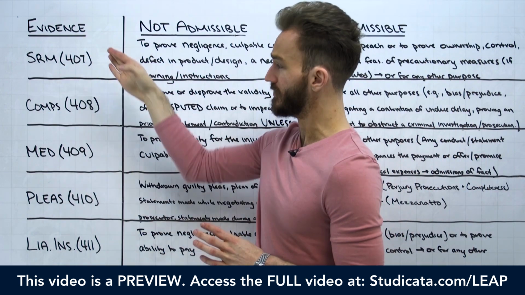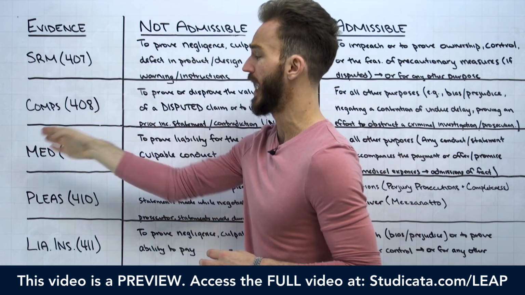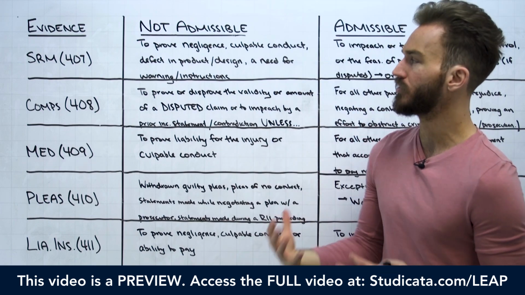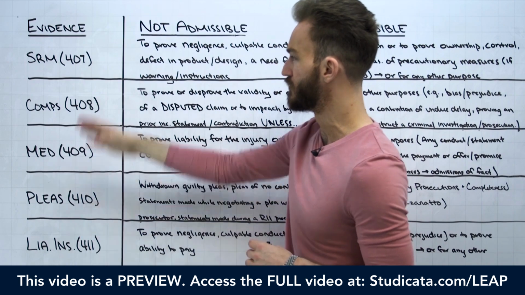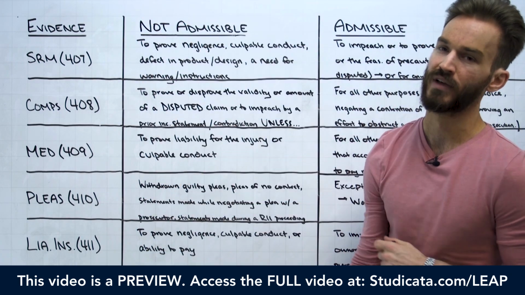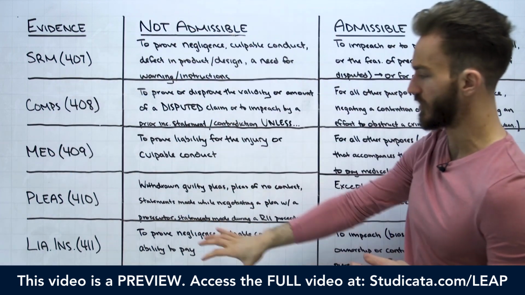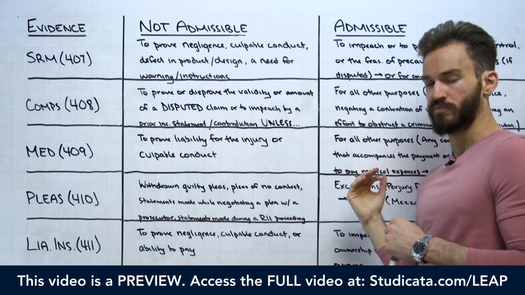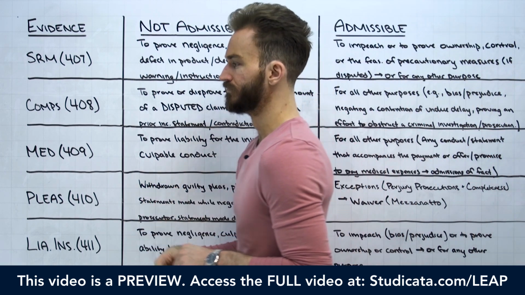Do we have a fact pattern that triggers this rule? We really want to define what these pieces of evidence actually look like. And then from there, it's just memorizing this table. You can't offer this evidence to prove what's in this column. Again, if you're offering it to prove something else that's not in this column, then it's generally going to be admissible.